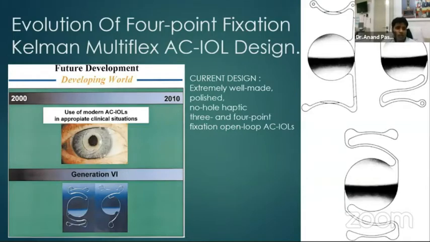Over a period of time, there has been a considerable evolution in the design of these IOLs, and now the current IOLs are the Kelman Multiflex anterior chamber IOL design, which is very well made with a polished surface and no holes in the haptic, with 4-point fixation to the iris and the angle structures.